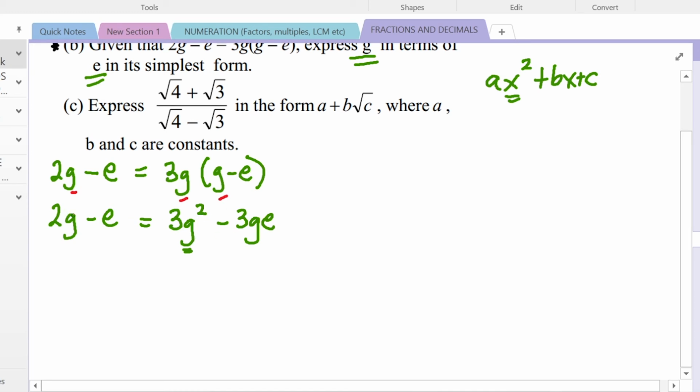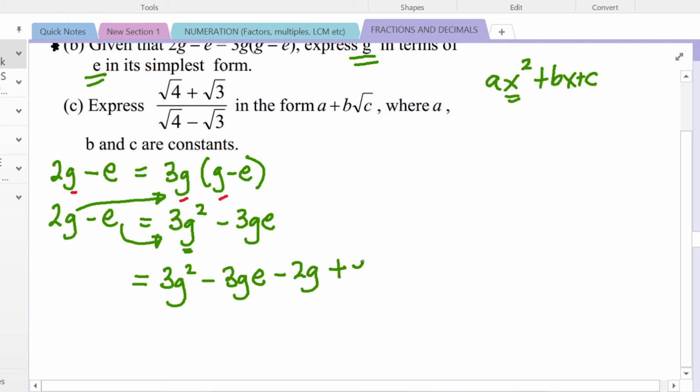Quadratic expressions are always equal to 0, so we shift everything to one side. This is going to become 3g squared minus 3ge minus 2g plus e is equal to 0.